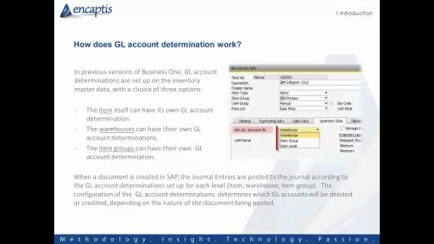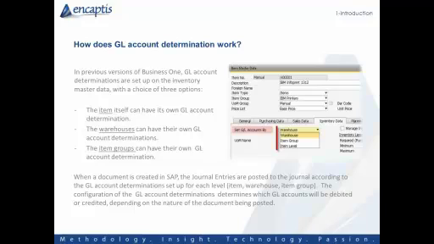Then you can choose a higher level, which would be the item group. If your item belongs to a group, then all the postings will be determined on the level of the item group. Same for the warehouse. If you set up your GL determination on the warehouse level, every time you do a transaction on one of the other warehouses, this will trigger another set of GL accounts.